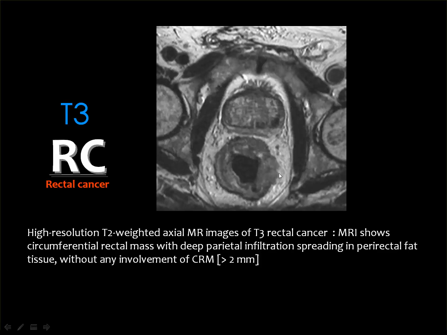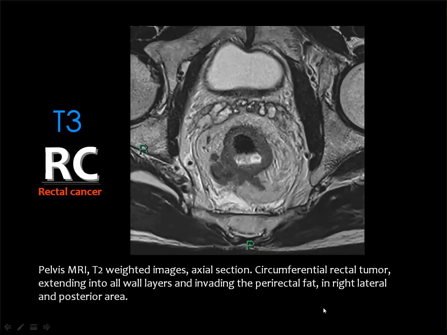You see total disruption of the left lateral rectal wall, and minute structures which may represent the lymphatics, and this is the intact mesorectal fascia.